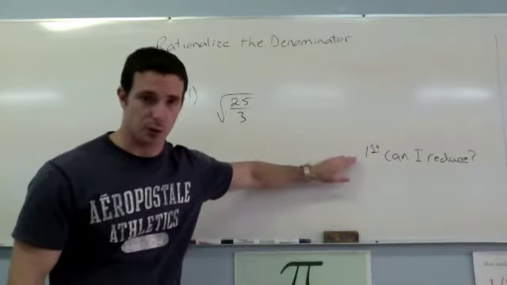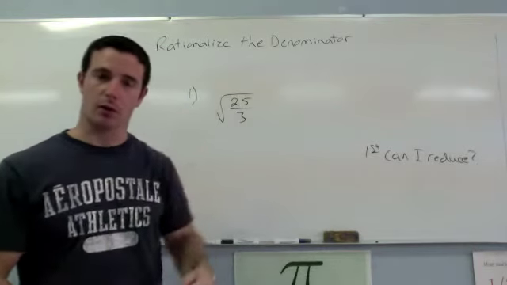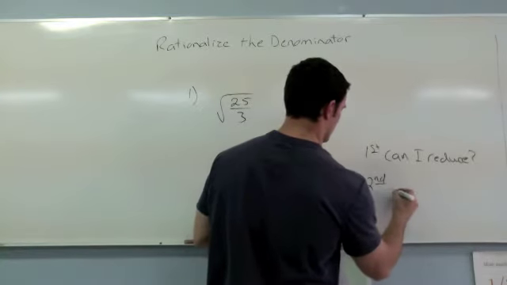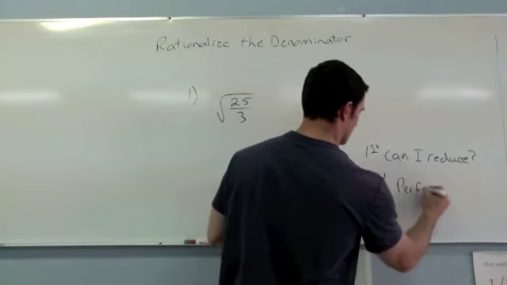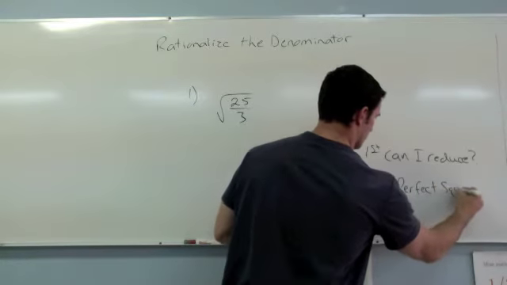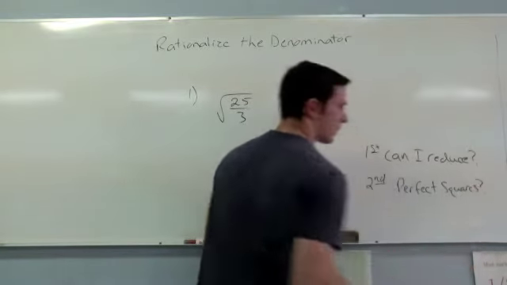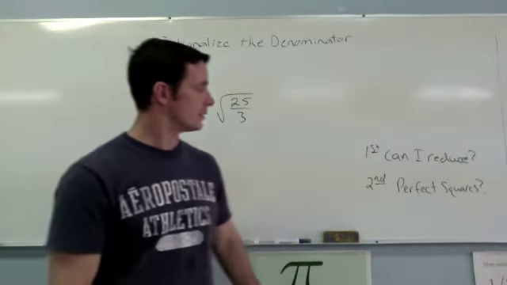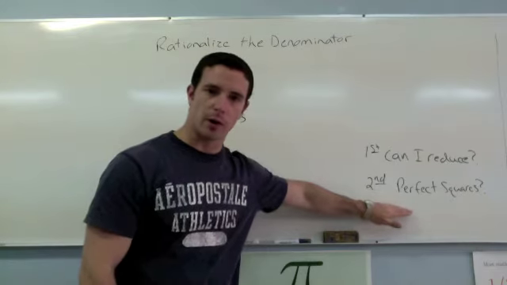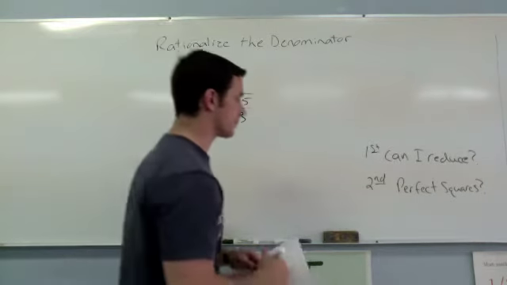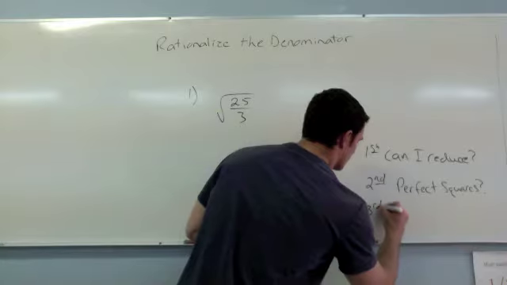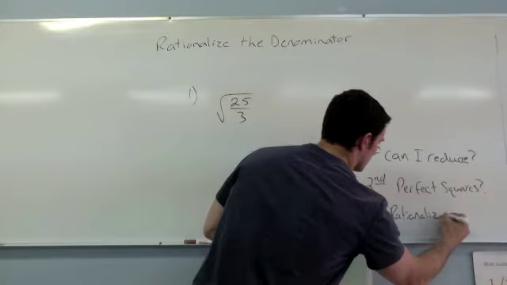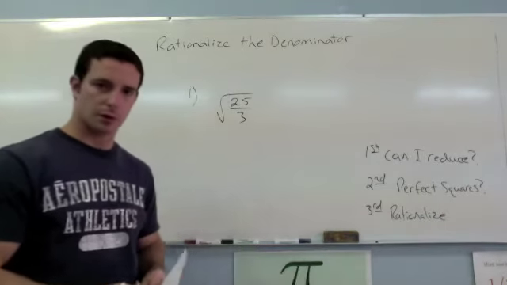If you cannot reduce, the second thing you look for is this: are there any perfect squares? If there are no perfect squares, then you go to the third step. So it's a 3-step process.